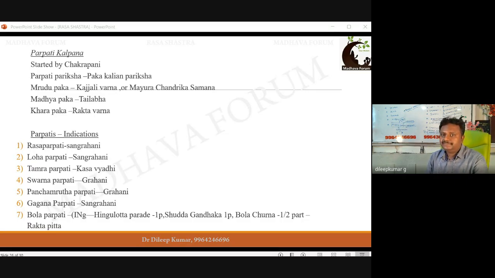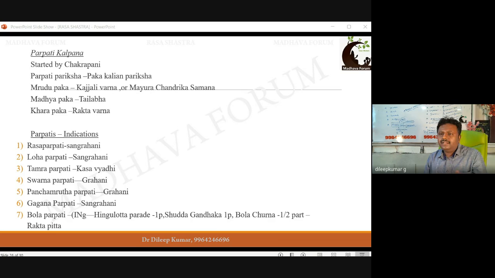Easy method. Just keep Vasa in steam while boiling something else. Keep Vasa in a cloth and keep it above the steam while preparing rice or boiling something else.